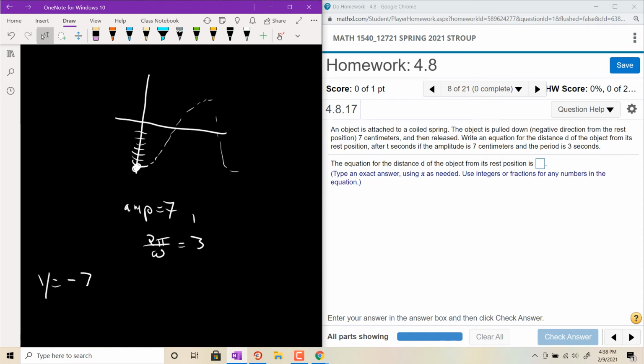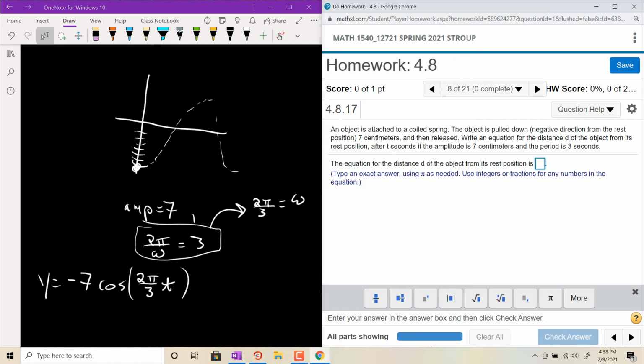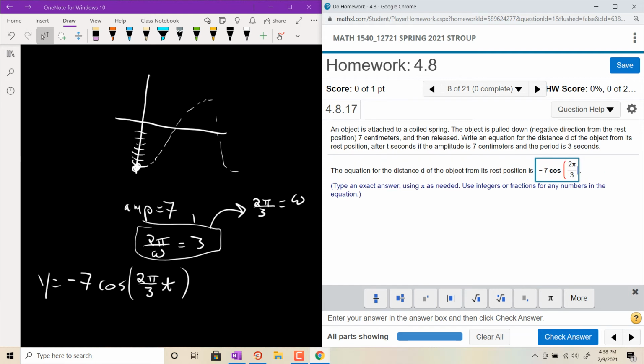So it's negative 7 cosine of omega t. Solve for omega, and you get omega equals 2 pi over 3. So negative 7 cosine of 2 pi over 3 t.